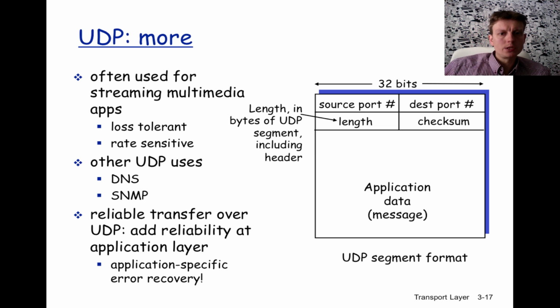Some applications, like the web, obviously require in-order delivery and delivery of all information that was sent from the server to the client. Otherwise, the information that we get out of this communication would be unintelligible.